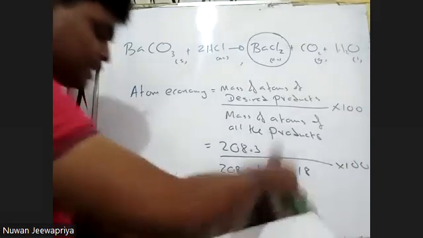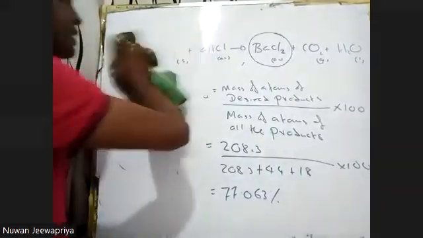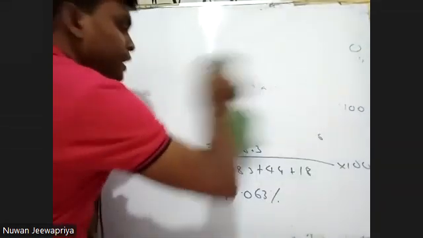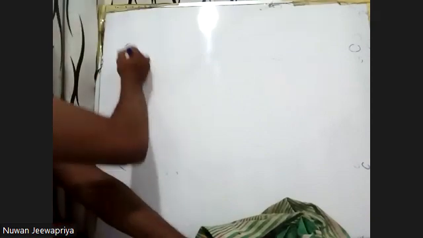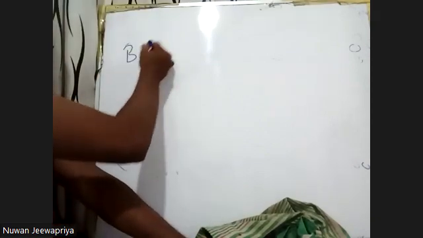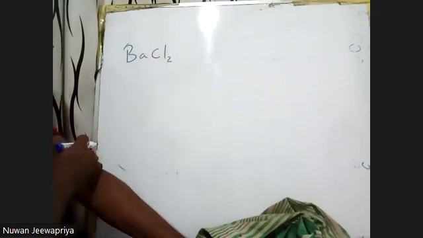Right, we'll see that. Okay, so this question is regarding barium chloride and cesium chloride, right? So what is that? Barium chloride, how do you write the barium chloride? BaCl2.